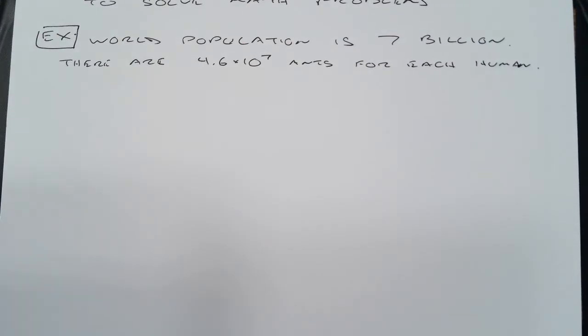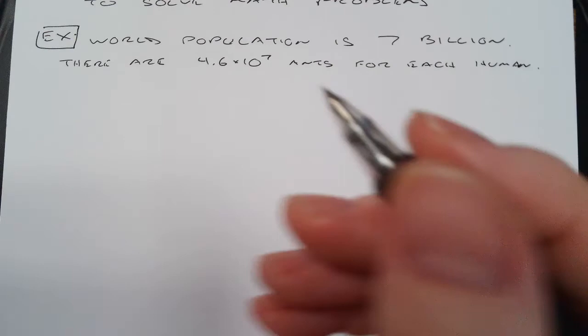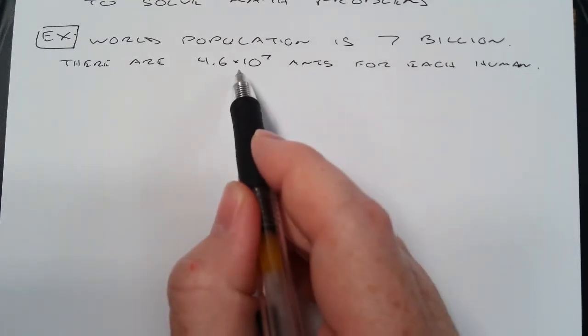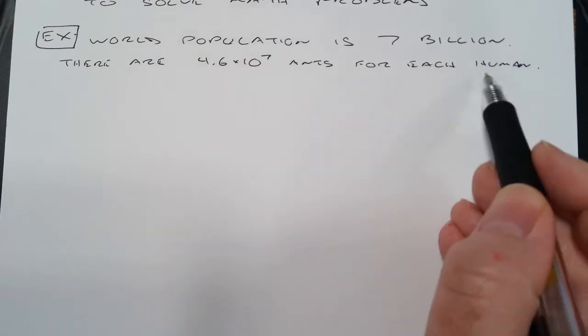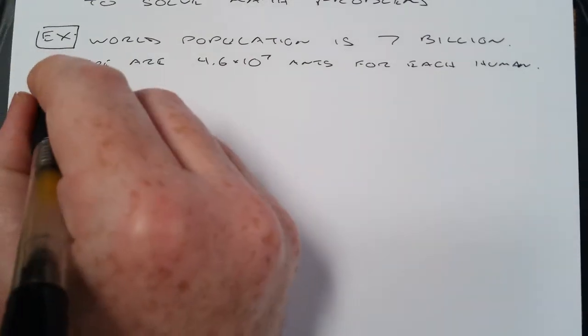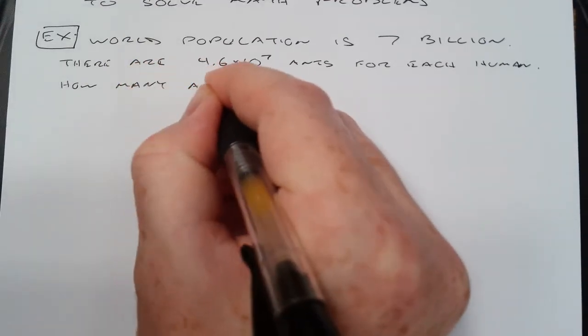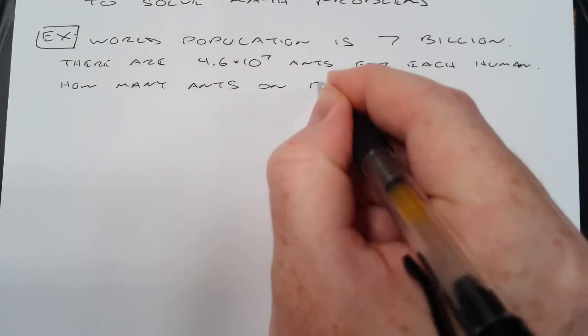That's a lot of ants per human. That's an odd ratio for us. So if there are 7 billion people and there are 4.6 times 10 to the 7th ants for each person, the question is, how many ants are there? How many ants are on Earth?